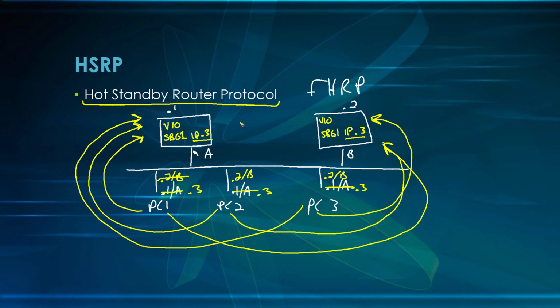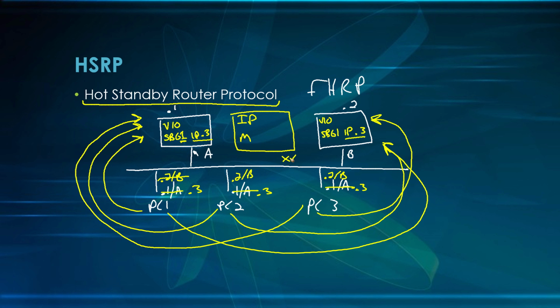But what's going to happen is when you configure HSRP, you're creating what they call a virtual node. This virtual node is going to have an IP and a MAC. The group number here, group 1, is converted into hex at the very last 2 digits of the MAC address.